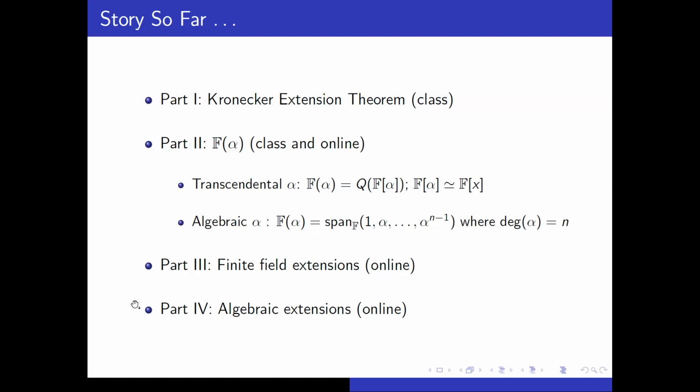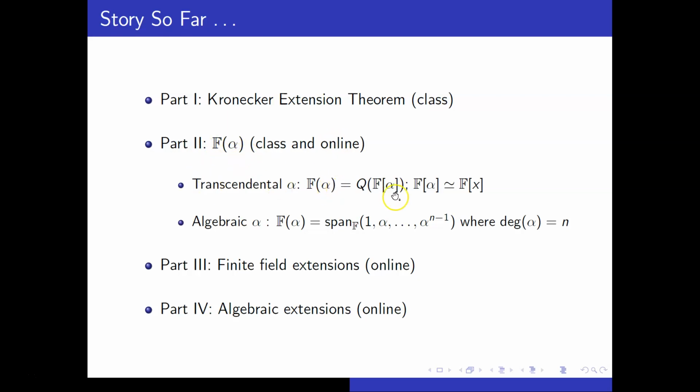Where we've been so far, we've seen the Kronecker extension theorem, where given a polynomial, you can find a field that contains a zero of that polynomial. We have then looked at taking minimal field extensions, taking a field, adding an element on, and looking at the smallest possible field that contains both.